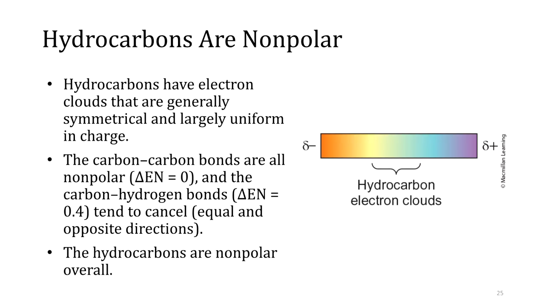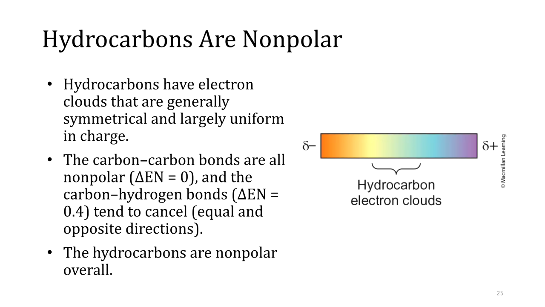And the first thing we're going to talk about is simple hydrocarbons. Now, in thinking about the dipole moments, we can take something simple like methane, and if you looked at methane, you would deduce that it has no dipole moment. The carbon-hydrogen bonds are mildly polar.